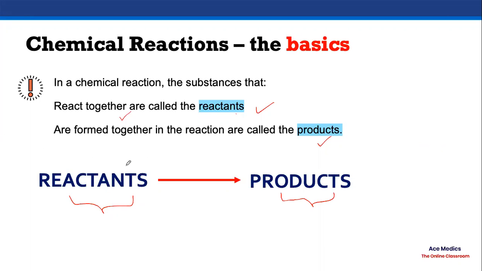And we have to show that the reactants are forming the products, so we put an arrow in the middle to show that this is forming this. This is the basic way that you write a chemical reaction.